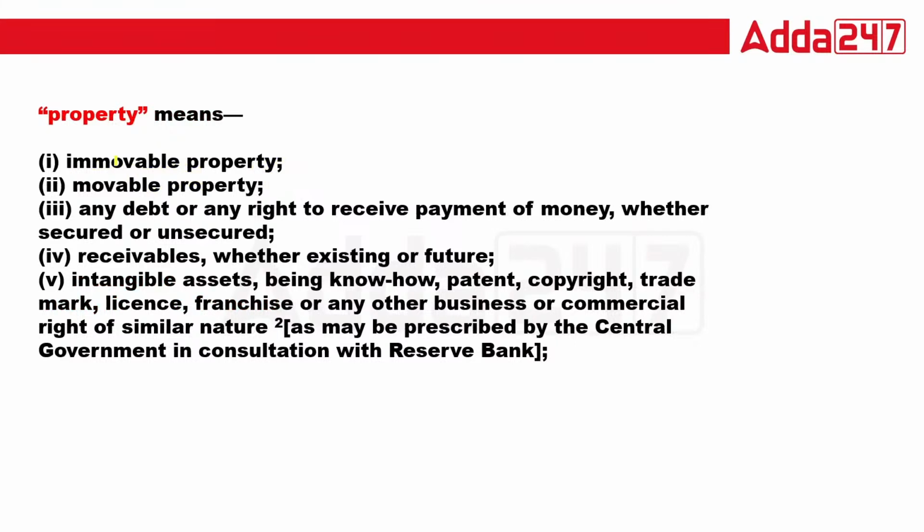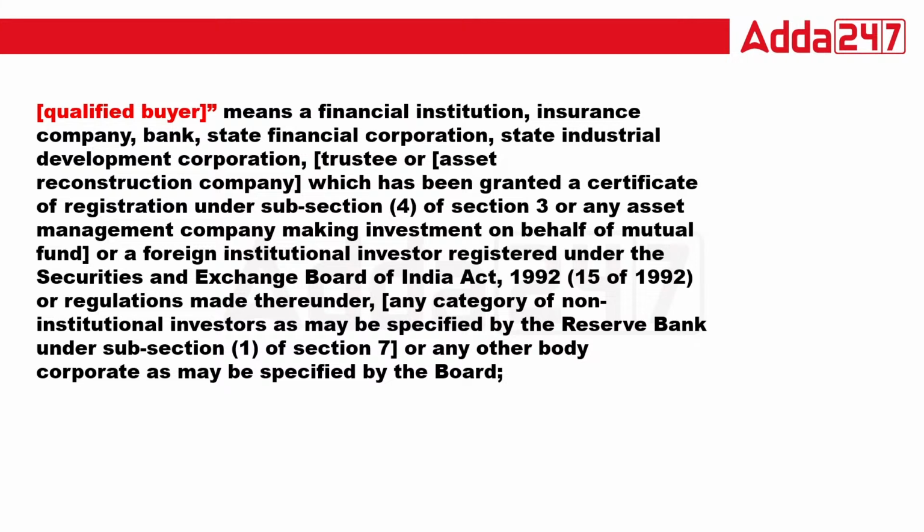Property: immovable property, movable property, any debt, any right to receive payment of money, receivables, intangible asset, etc. What is a qualified buyer? A qualified buyer means a financial institution, insurance company. This is very much important, that can come in the form of a question.